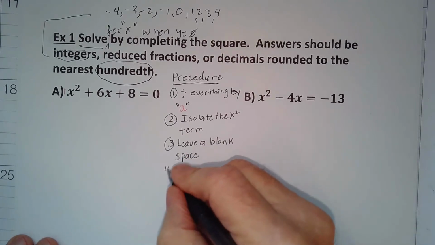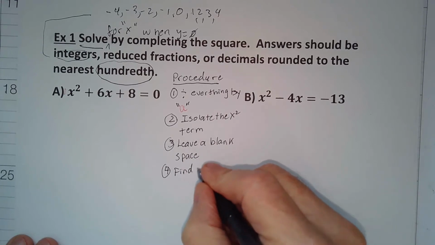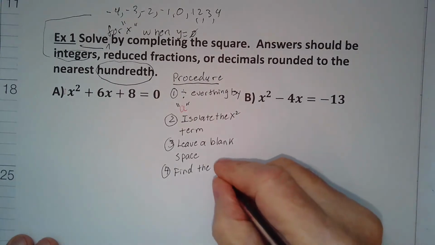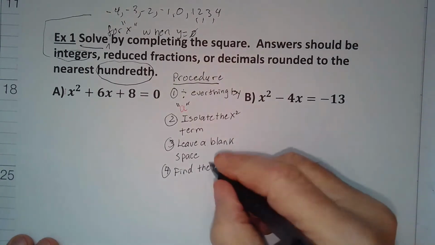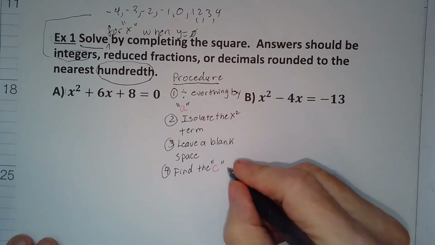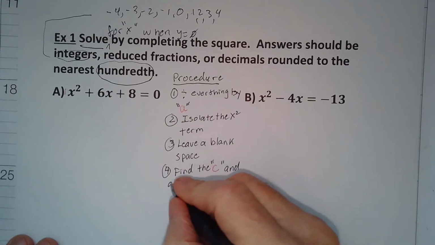The next thing is to find the c value, and we're going to add it to both sides.